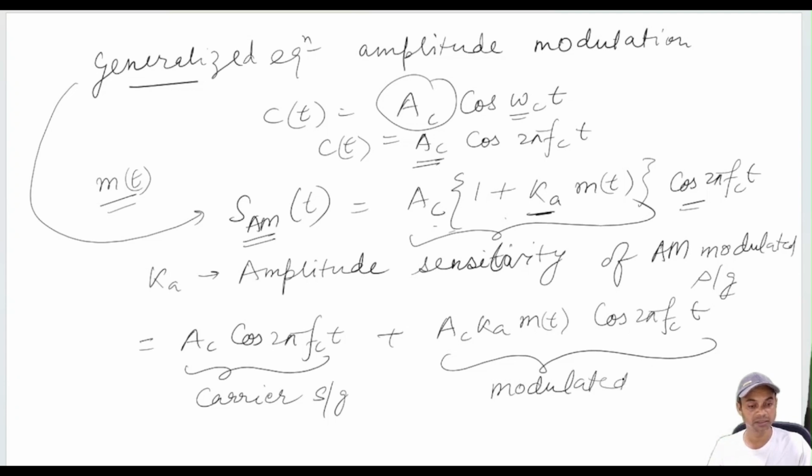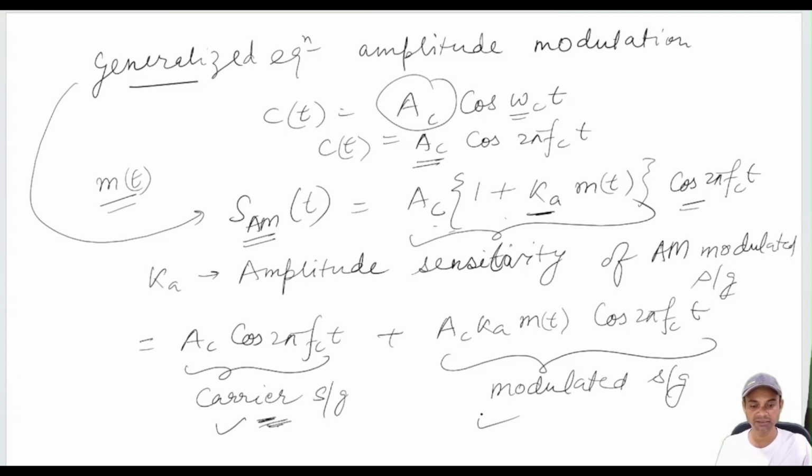It means the AM signal contains the carrier signal as well as the modulated signal. There is no need to transmit the carrier signal, but we are transmitting the carrier signal in AM modulation, and this is the main disadvantage.